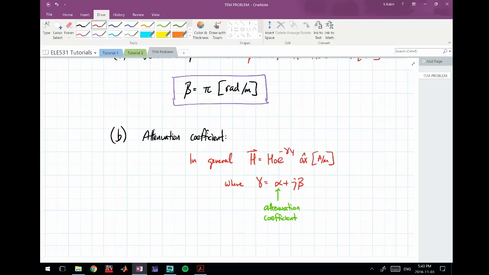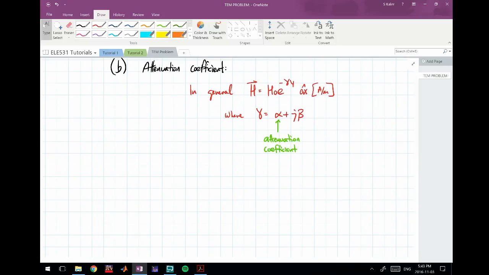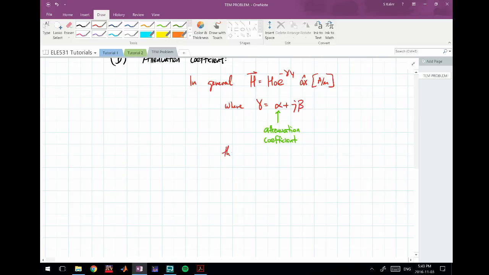And if we were to plug that in, H would become H naught e to the minus alpha plus j beta y. And so we would have H naught e to the minus alpha y times e to the minus j beta y. And so you see all of a sudden this term here appears if we have attenuation.